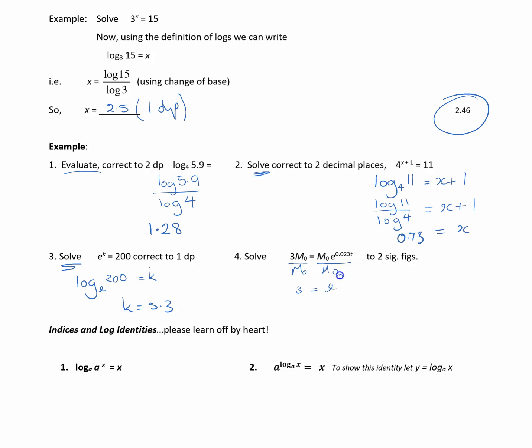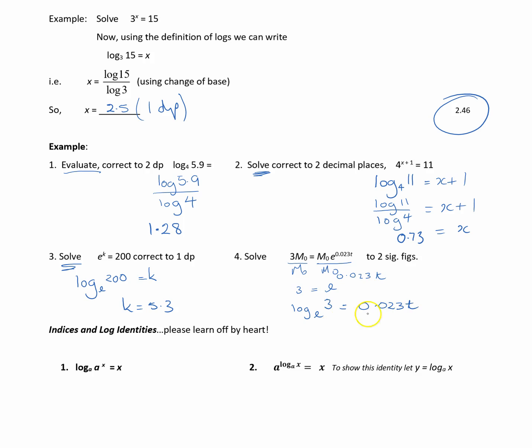So it's e to the 0.023t. If I take the log of 3 to base e, to this base, then I'll get 0.023 times t.